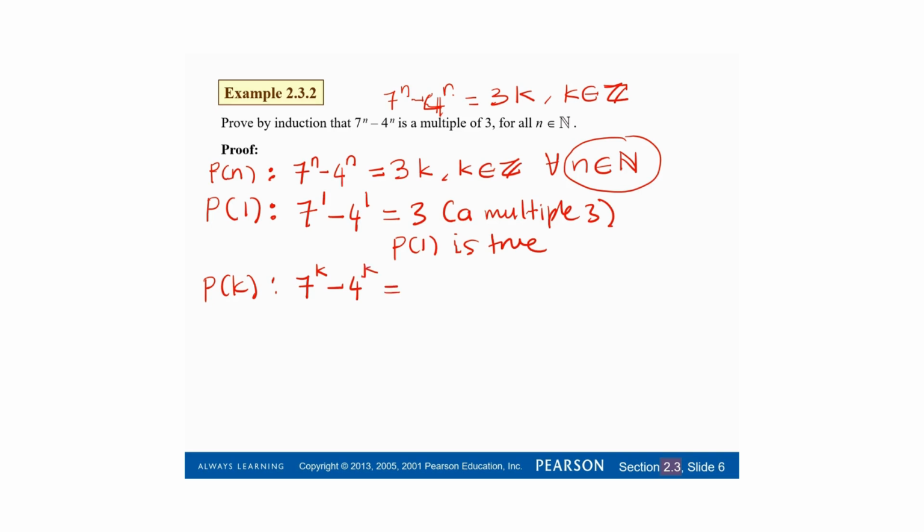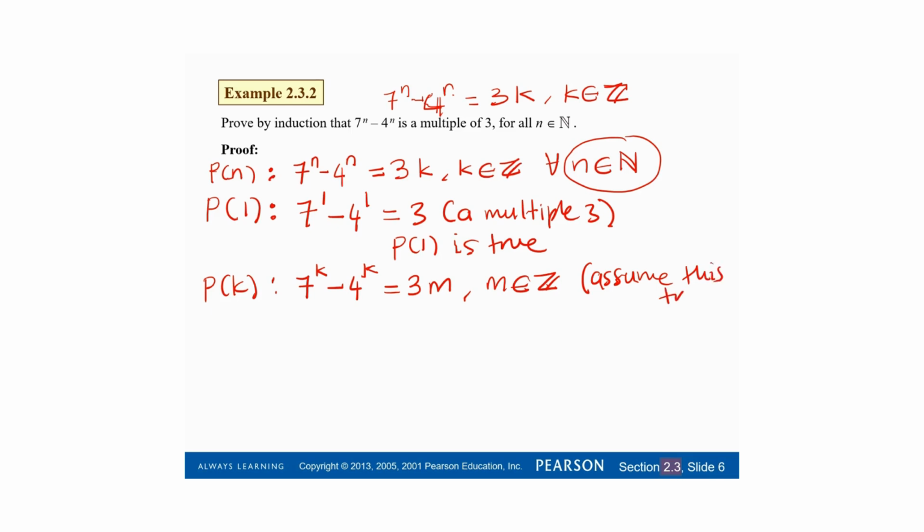Now, since we have used the symbol k to represent n equals k, to represent the multiple of 3 we use a different parameter. For example, this should be equal to 3m, where m refers to any integer. That is the definition. So we assume this is the true statement. Okay, this is our assumption.